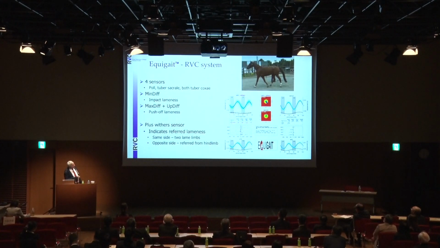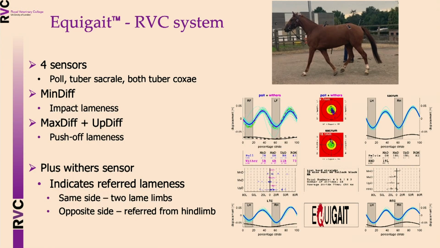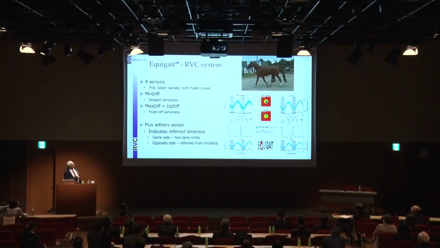So this is the output we get from the Equigait system. You can see for the poll sensors we have min diff, max diff, and up diff. The same for the tuber sacrale sensors. But in addition, we have a range of movement for both front and hind leg, and a value for the movement of the tuber coxae.